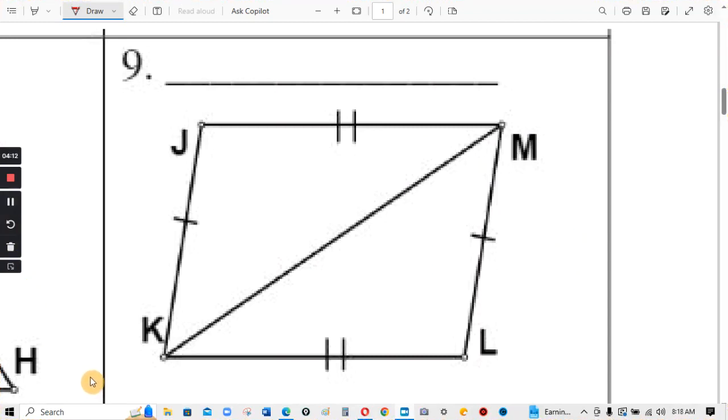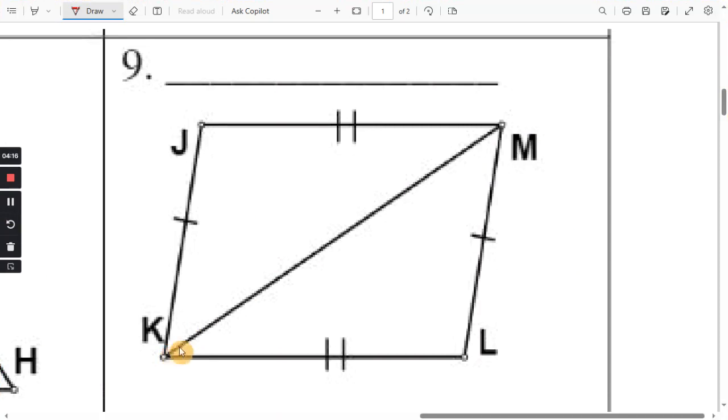All right, let's look at number 9. See, we have 2 triangles here, and this side is shared by both triangles. Okay, so I'm going to mark that side congruent to itself. We already used 1 notch and 2 notches, so right here on this side, I'm going to use 3 notches.